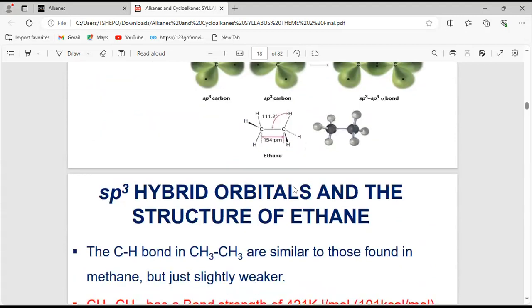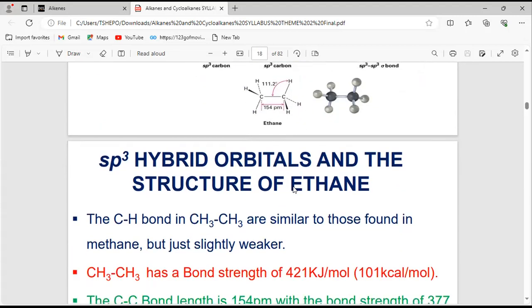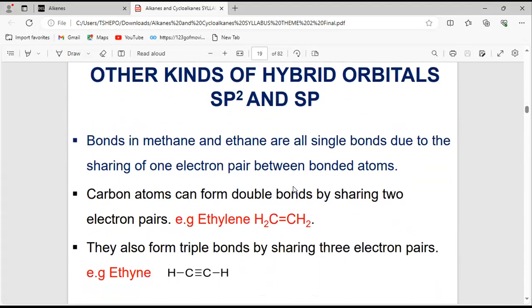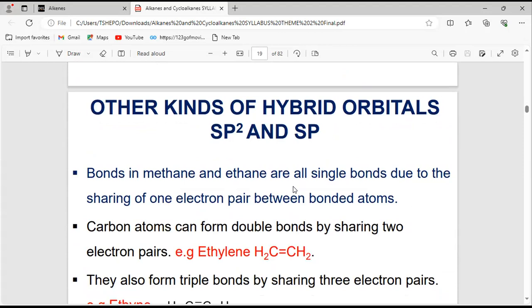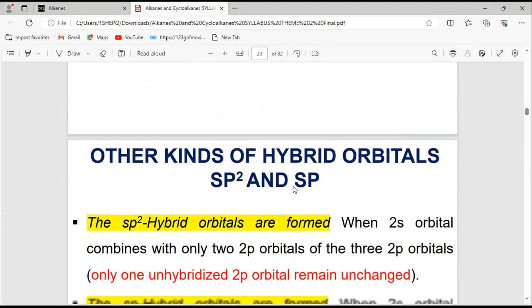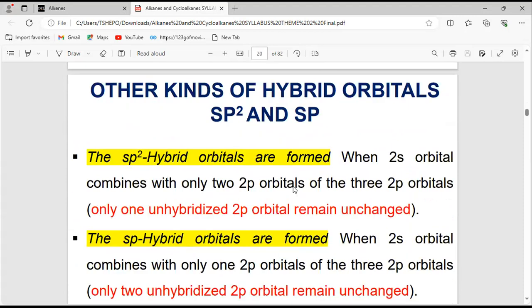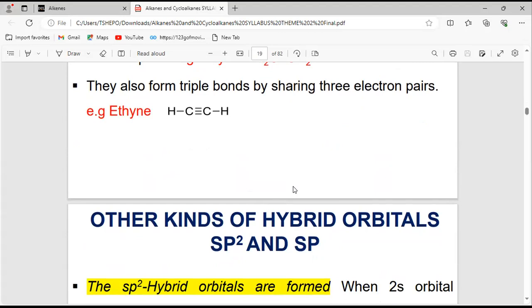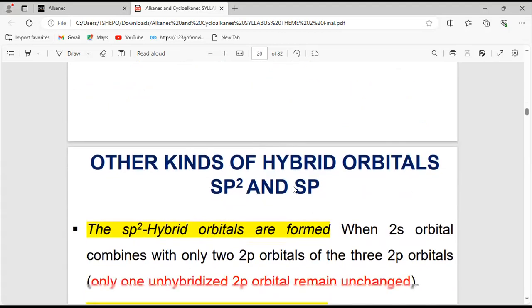It's a repetition just to emphasize how the hybridization actually takes place and the energies involved. Then we have other kinds of hybridization, sp2 and sp, of ethylene and ethyne. I don't know how you want to pronounce it, but it's ethyne.